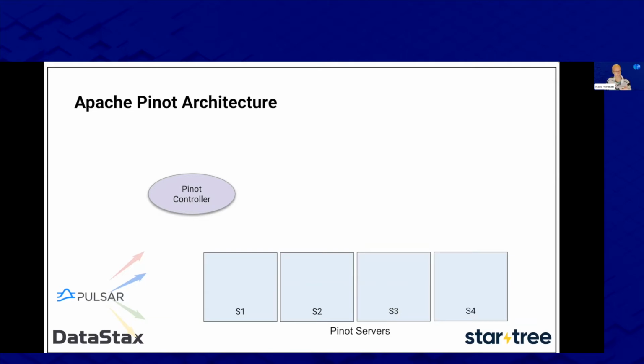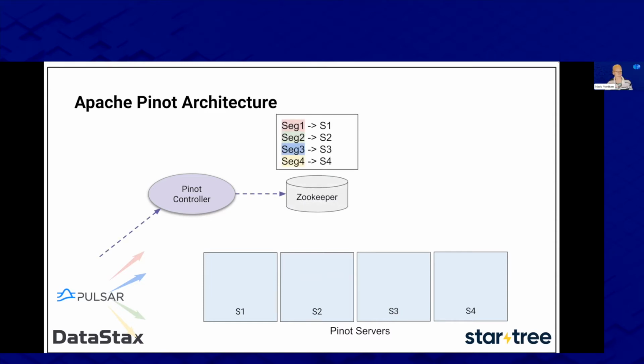The data is coming in from Pulsar on different partitions. The first two components are a controller and a server. The controller deals with where everything goes. Data comes in on these partitions and it creates a segment. The segment is a partition in Pinot, so that's its way of storing data. It will then say segment 1 goes to this server, segment 2 to this server, and so on.